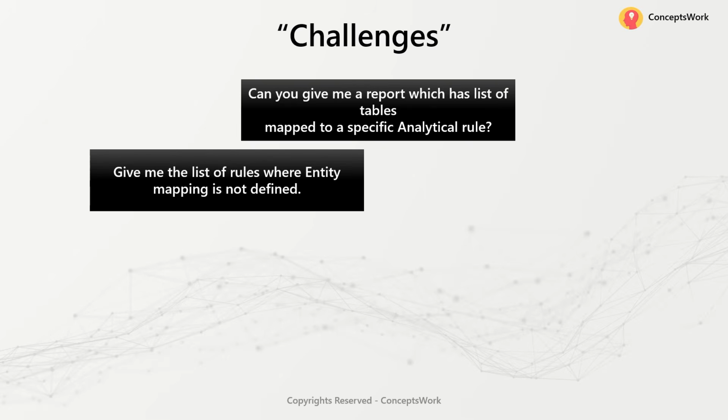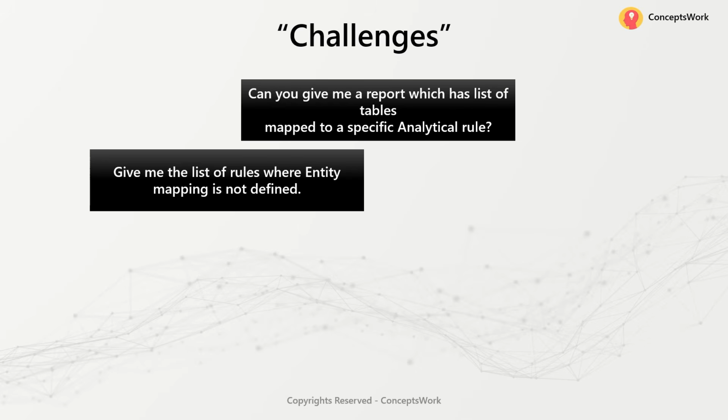Even though Microsoft Sentinel gives you the capability to map around 18 different entity types, still the majority of the entity types which are mapped are either users, IPs, URLs, or let's say some of the Azure resources, and that's it.